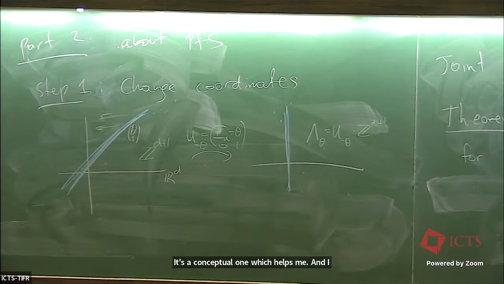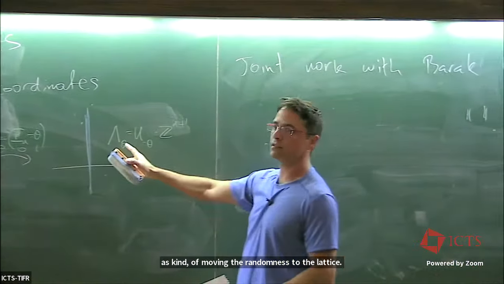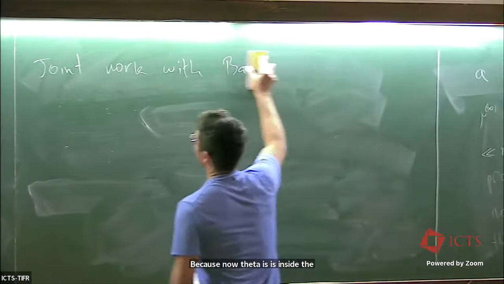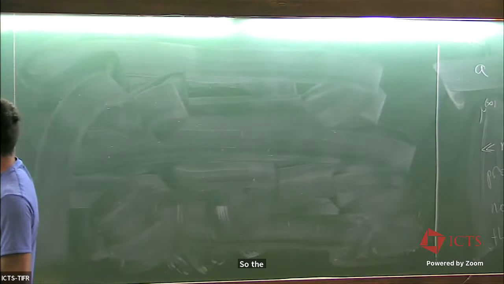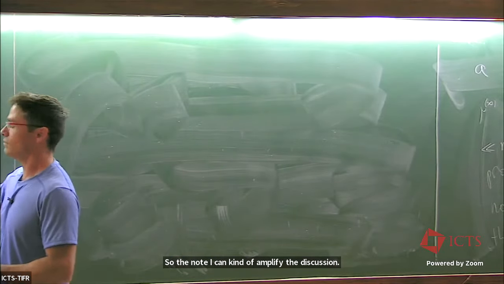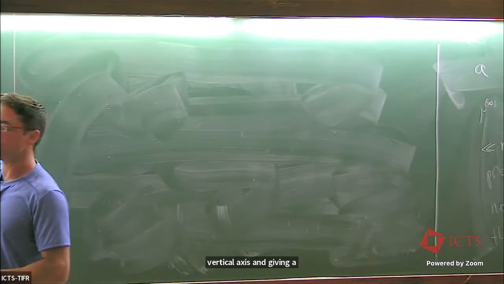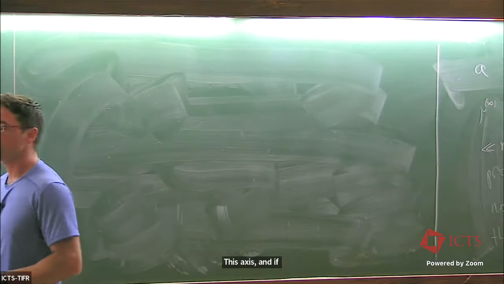I think of it as moving the randomness to the lattice, because now theta is inside the lattice. So I can amplify the discussion: I'm interested in the vertical axis, and given a lattice, not necessarily of this form, I can start walking along this axis and define the sequence of best approximations to that line.